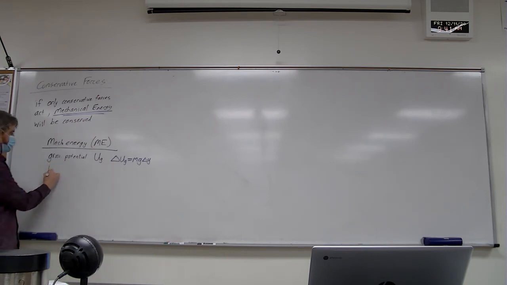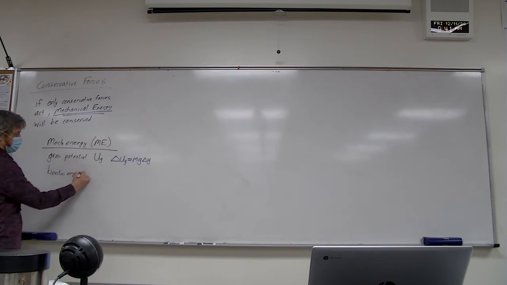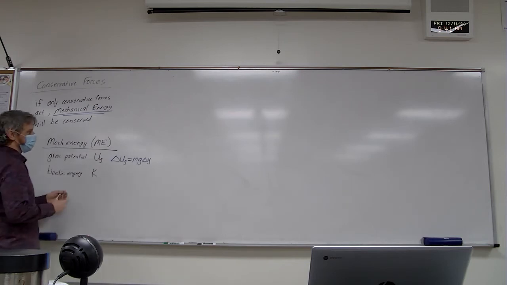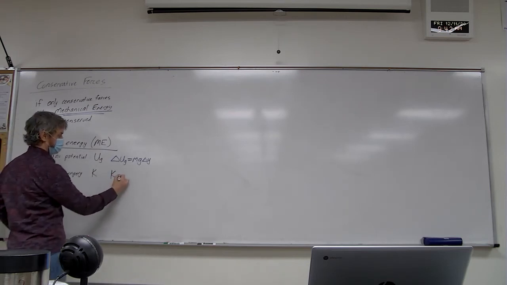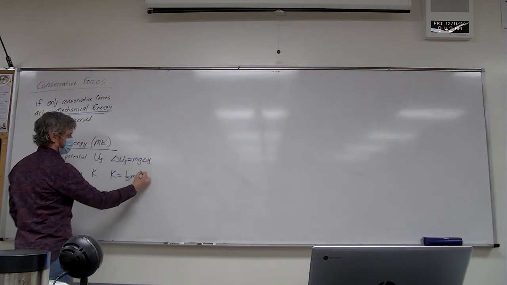And linear or translational kinetic energy. And that just gets the symbol K on the formula sheet. And the formula for that is K equals 1/2 mv squared.